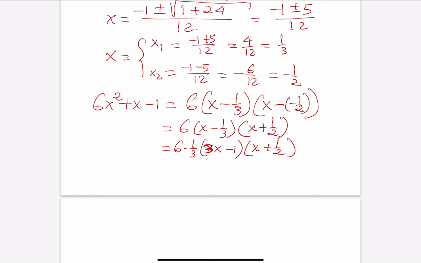Same thing here, let me factorize also by 1/2. I will have 6 times 1/3 times 1/2, times 3x minus 1, times 2x plus 1.